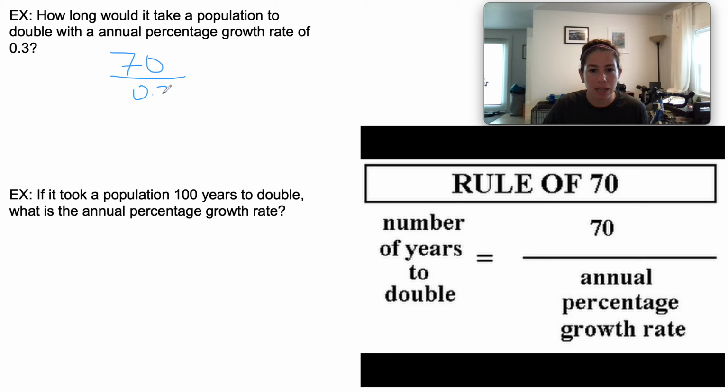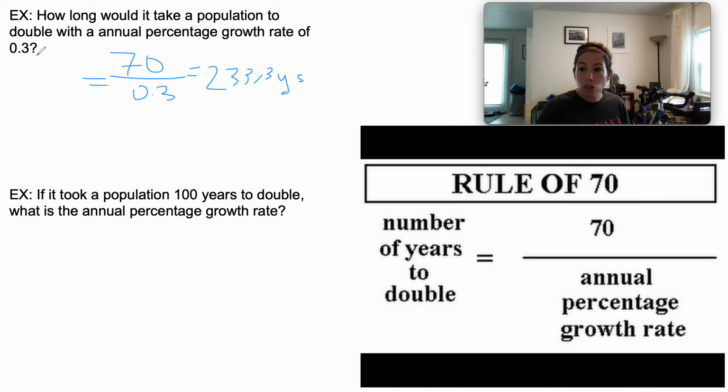So for this population that's growing at a rate of 0.3, it would take about 233.3 years to double. So if we came back in 233.33 years, we could expect that population to be doubled in size. So if it was 1,000 now, in 233.3 years, we'd expect it to be double that size, 2,000.